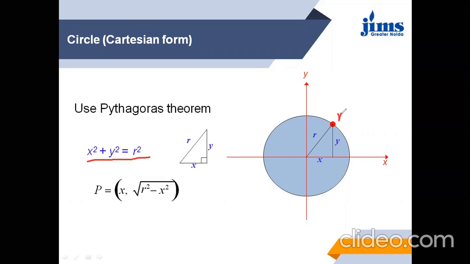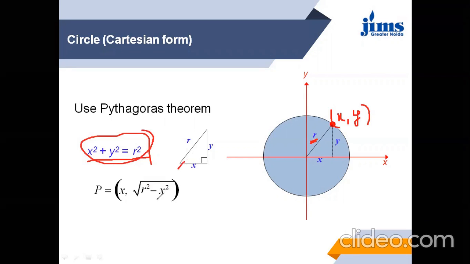Suppose this is the point x and this is the point y, and the radius is r. So x square plus y square equals r square. This is the equation of a circle, as well as the Pythagoras equation.